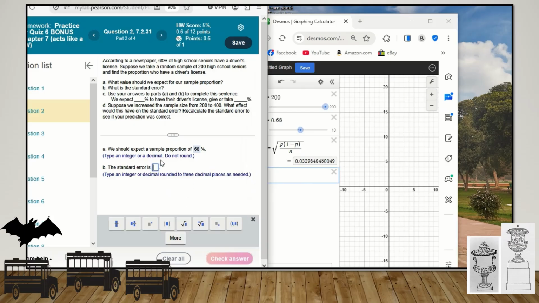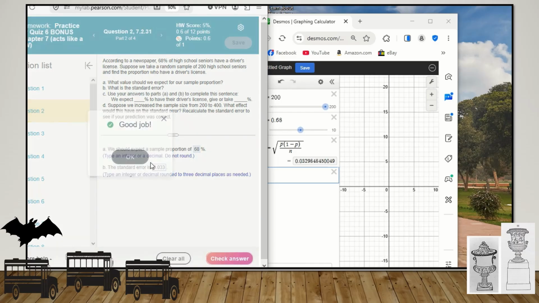Later on it'll want us to use the percentage because we'll use the standard error as sort of like a margin of error. Notice this one wants it put in as a decimal, and it says rounded to 3 decimal places.